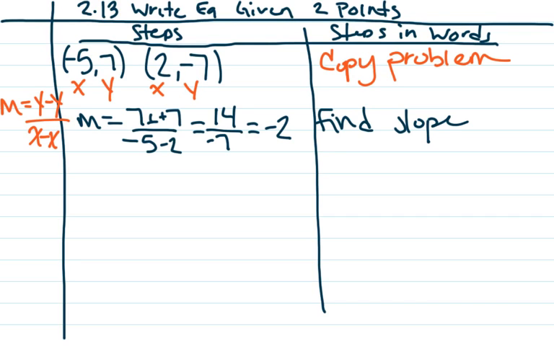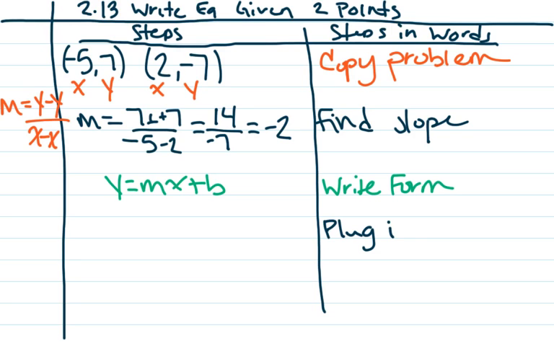Now we are going to write the form like we would before, which is y equals mx plus b. Then we're going to plug in. In this case, we're going to use this first point and this slope.